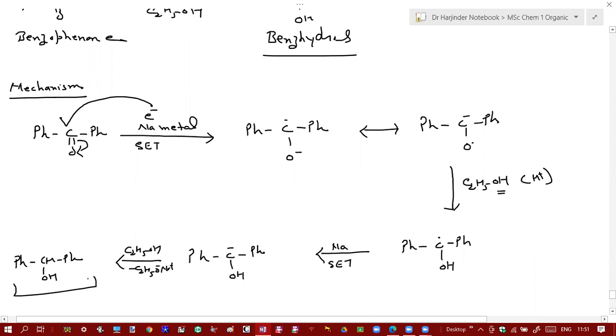So this is the general mechanism by which this reduction reaction takes place. Very simple mechanism. This is a metal dissolving reduction of a carbonyl compound in the presence of a proton source.